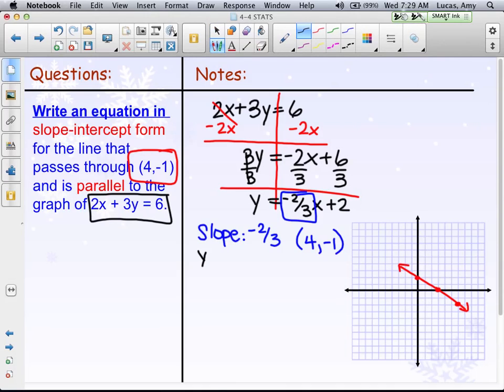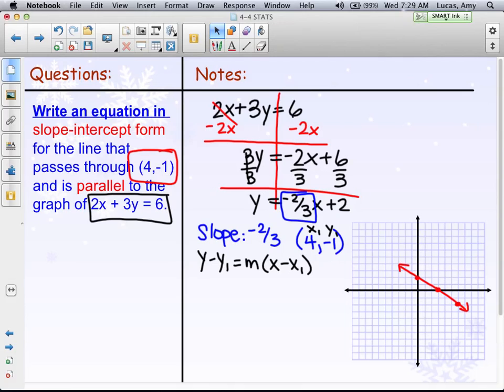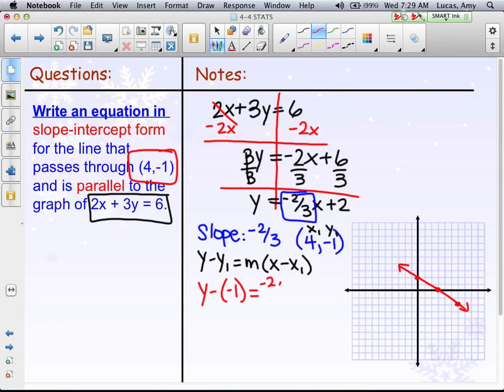So y minus y1 equals the slope times x minus x1. When I substitute my y1 value, y minus negative 1 turns into a positive. It's a chunky plus. So here's my equation. I can distribute.